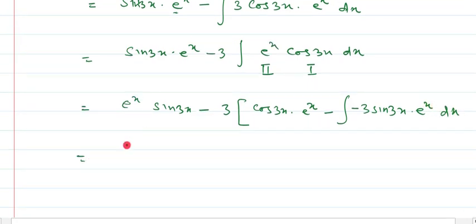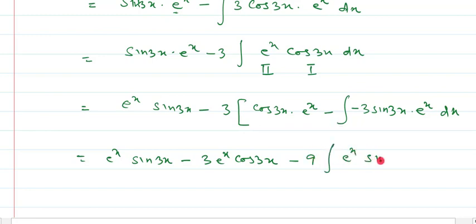Now simplify this thing. E power x into sin 3x minus 3 e power x cos 3x, then minus 9 integration of e power x sin 3x dx.